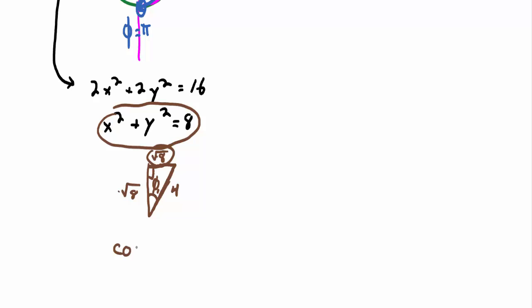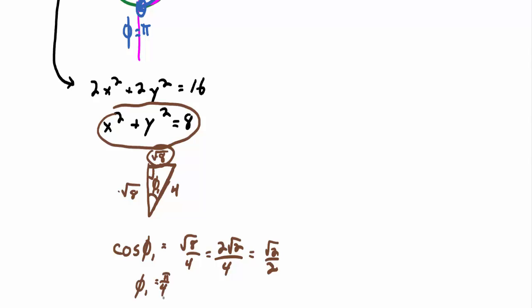So what trig function relates those? Cosine. So cosine of phi1 would be what? Square root of 8 over 4, which is 2 radical 2 over 4, which is just radical 2 over 2. And then it becomes obvious, oh, phi1 is pi fourths that way.